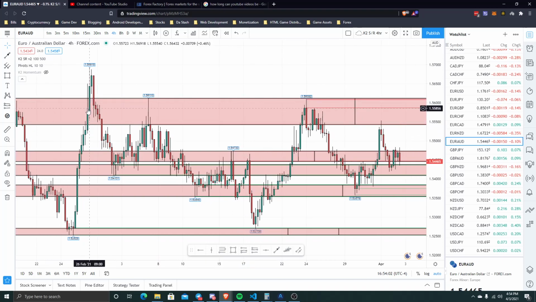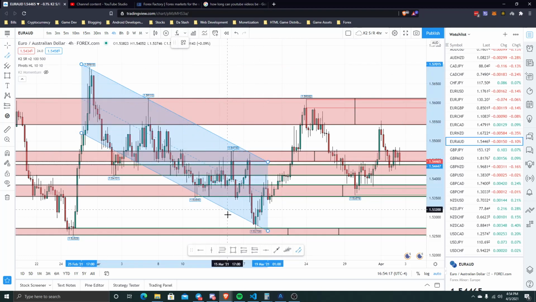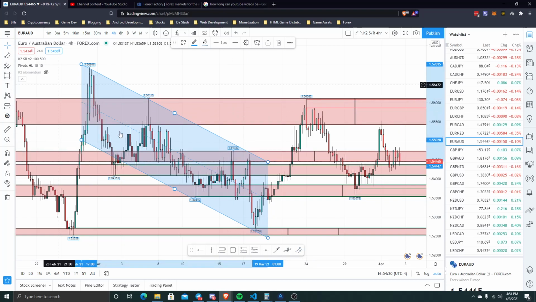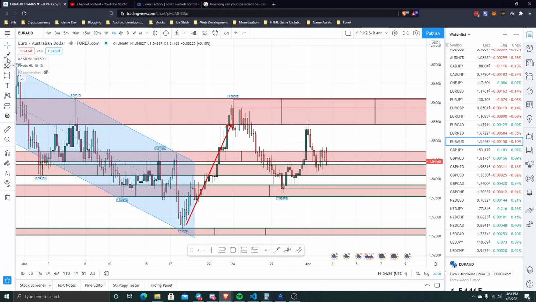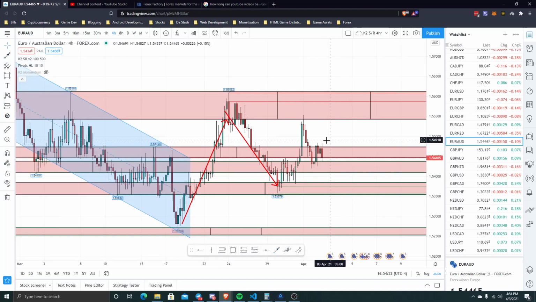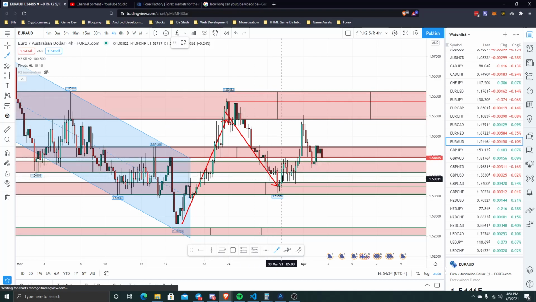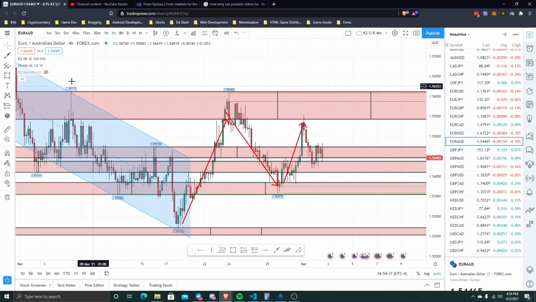All right, so for this pair here, Euro AUD, for the half of March, it went in this downtrend. Then price reversed and shot up. Then it reversed, went down in this downtrend. Then it reversed and went up. And now it's going back down. And it's just consolidating at this point for right now.